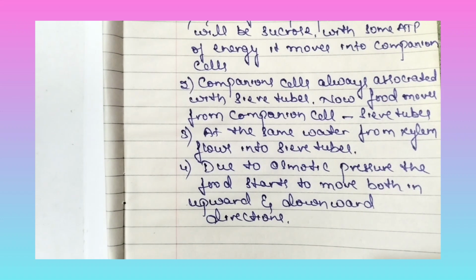So this is how the food prepared in the leaves will move both in the upward as well as in the downward direction. That is how translocation occurs in plants.